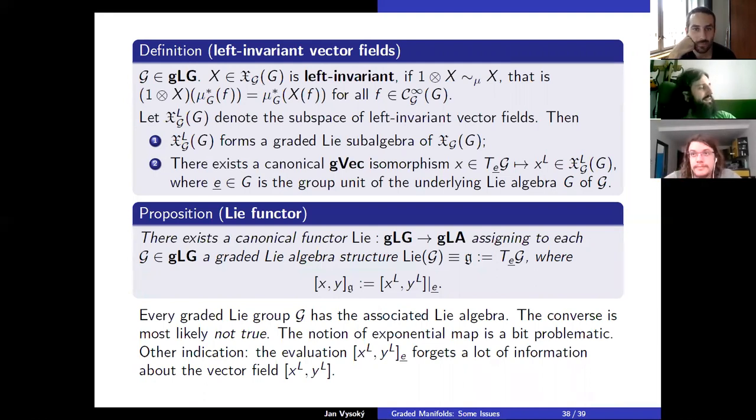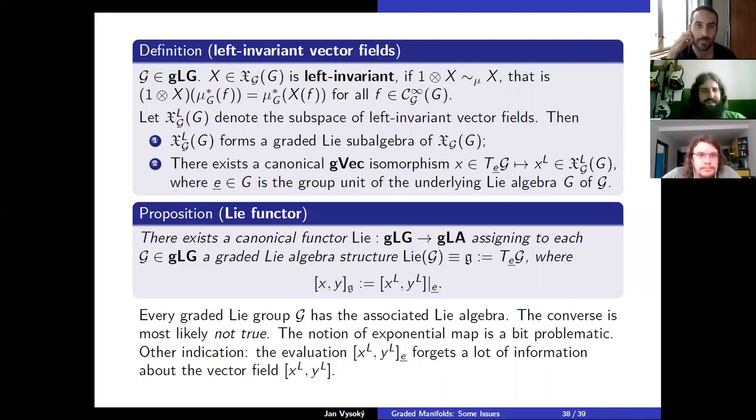But I don't have any reasonable examples, like a group of orthogonal graded maps or something. I have to think about this and find some nice example, and then it would be more clear. For example, if you had some group of graded invertible maps.